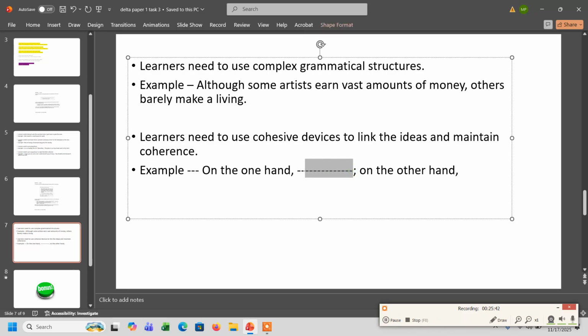So on the one hand, I would say artists make huge, artists gain huge profits.